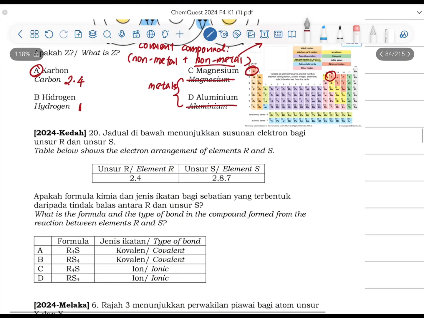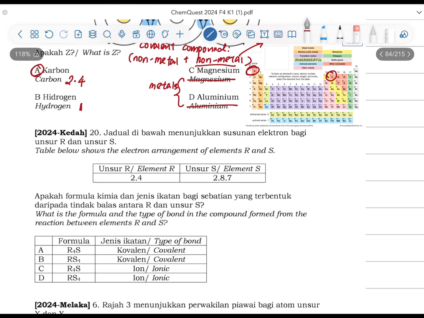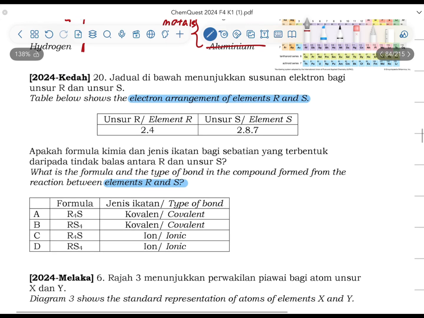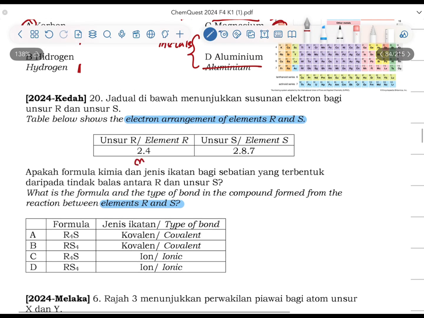Okay, next question. The table below shows the electron arrangement for the elements R and S. What is the formula and the type of bond in the compound formed from the reaction between elements R and S? So let's look at the electron arrangement. R has 2.4 and S has 2.8.7. Okay, so 2.4 is actually carbon, right?